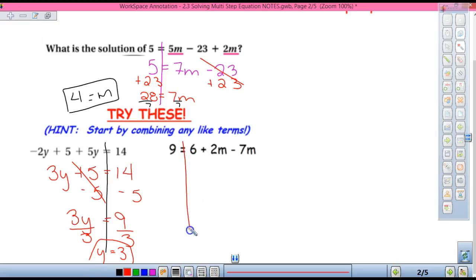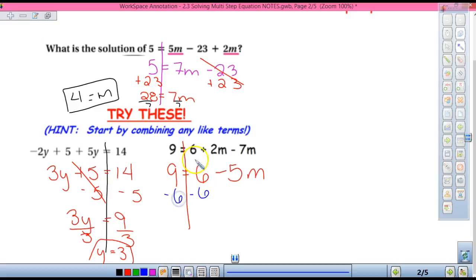Okay. Over here, combining like terms. 9 equals, what do I get? Good, 6 minus 5m plus 2m minus 7m gives us our negative 5m. Good, subtract 6, because that's a positive 6.